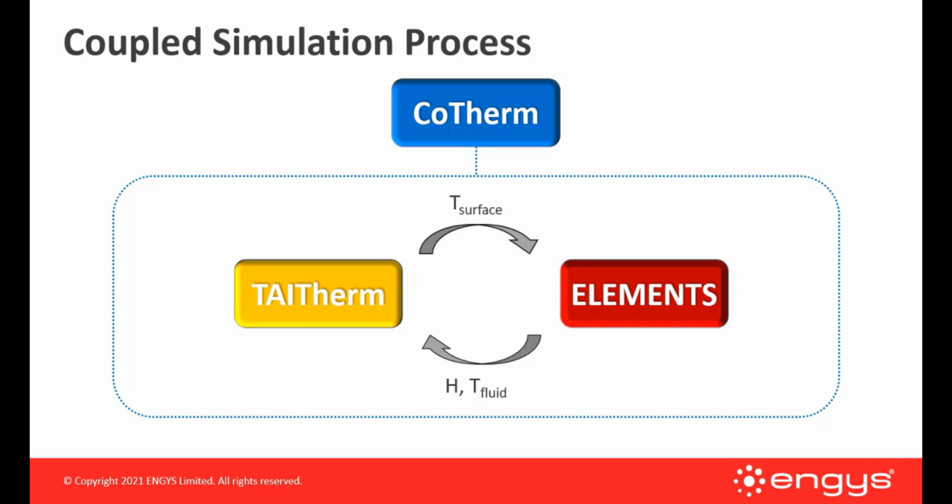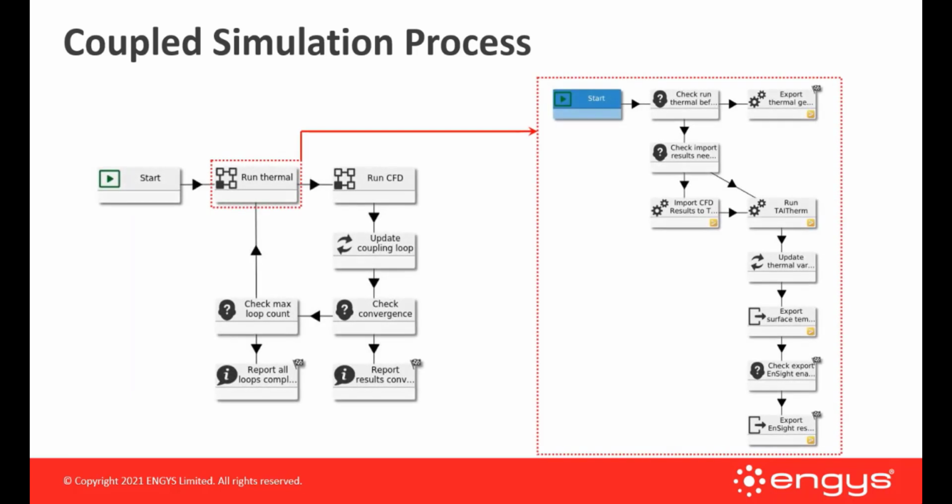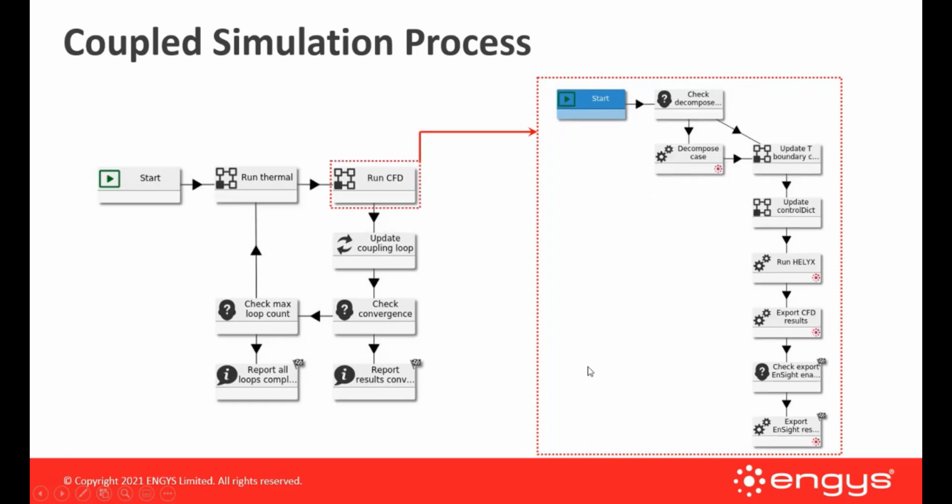There are many ways to create our workflow, and as you can see here, we adopted a ready-to-use template already distributed with GoTherm. If you go through each of these boxes, you see each individual process for both the thermal model as shown here and the CFD model as shown here.